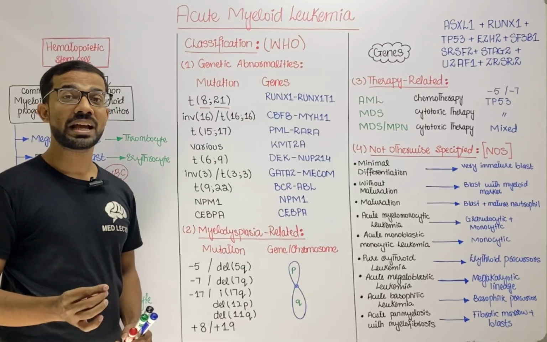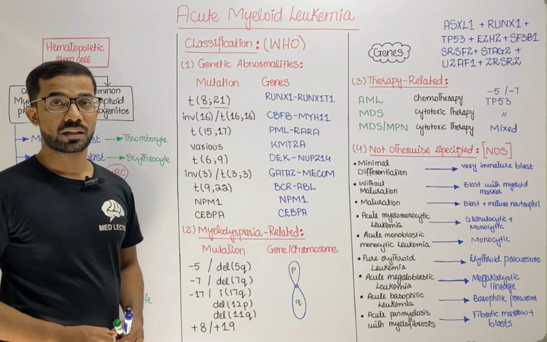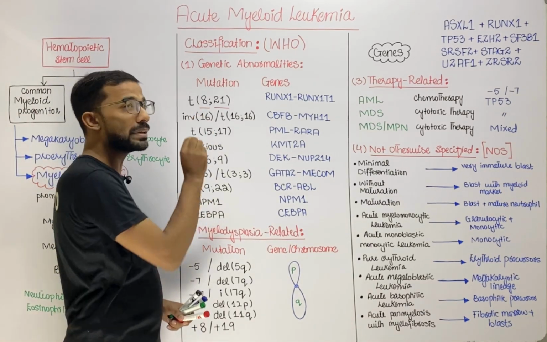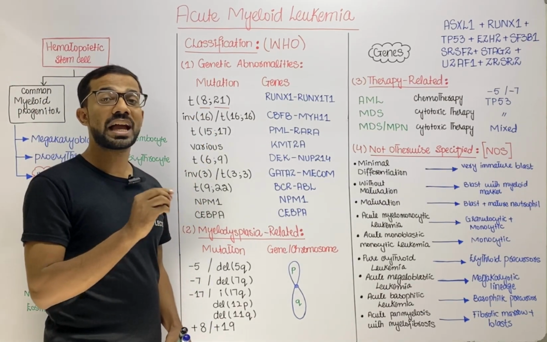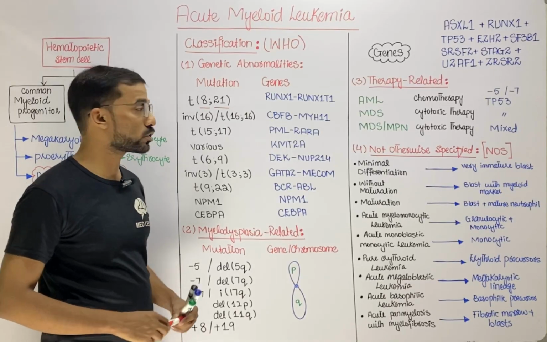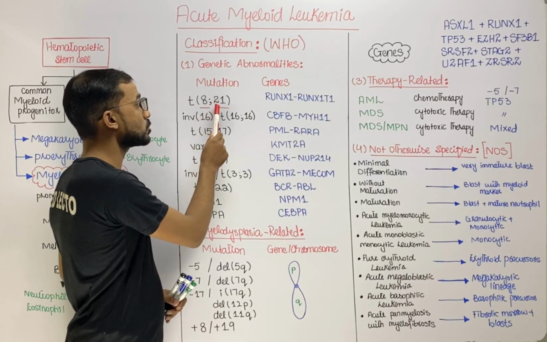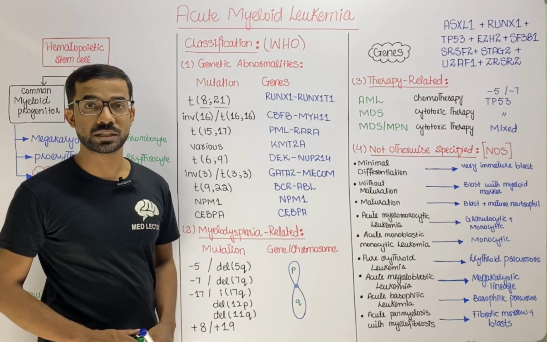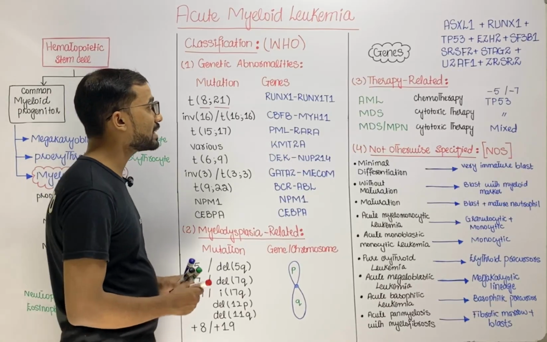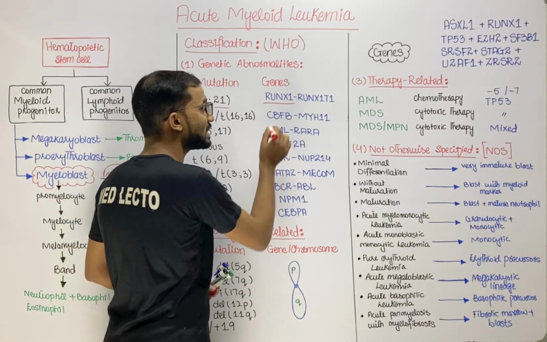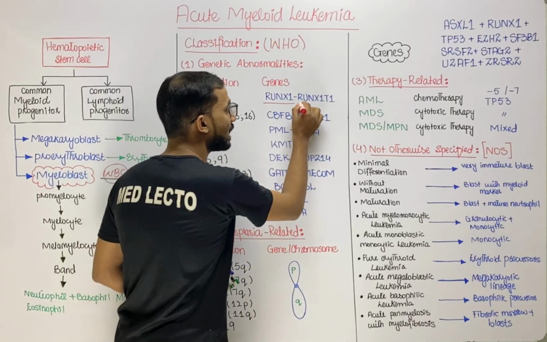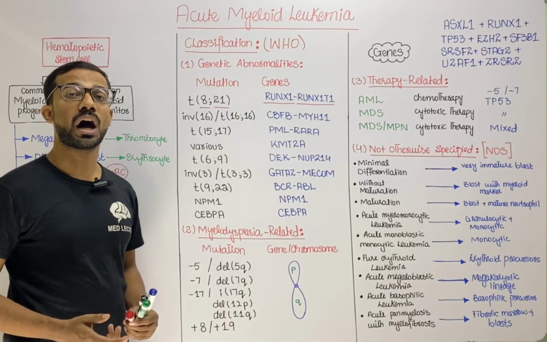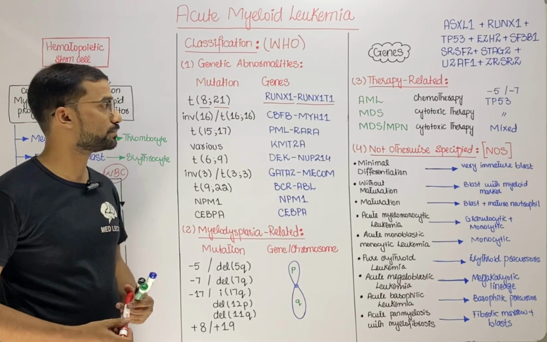Humans have 46 chromosomes, but in that case translocation means that segment or gene exchange between these two chromosomes, number 8 and number 21, and as a result you will see the fusion of two genes due to the translocation, that is RUNX1, the first gene, fused with RUNX1T1, and ultimately you will see proliferation of the myeloblast.